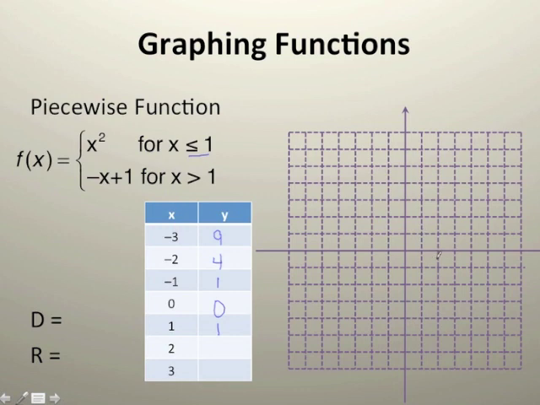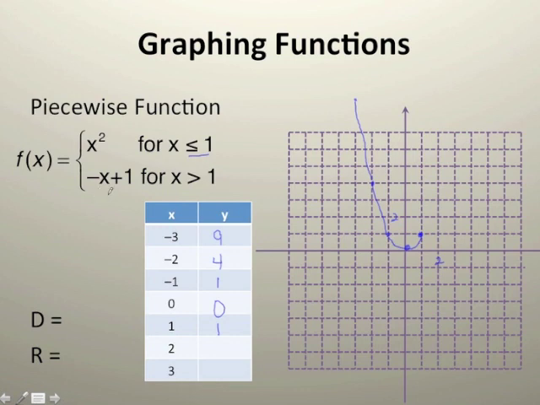So I can graph these points: 1, 1; 0, 0; negative 1, 1; negative 2, 4; and negative 3, 9. Now, this is part of a parabola, so I'd like you to draw it like that instead of trying to draw it straight. And this was the or equal, so this is a dot at this end.